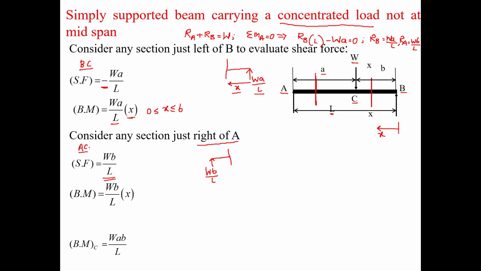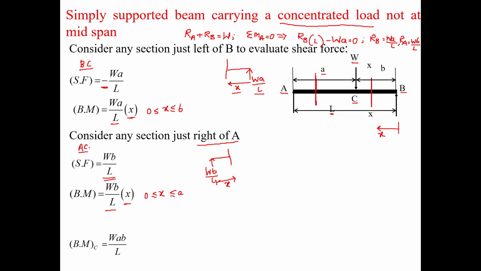For section AC, x is taken from support A, so the moment will be Wb by L, which is the force, multiplied by the perpendicular distance x, so this is Wbx by L. Here x is changing from 0 to a.